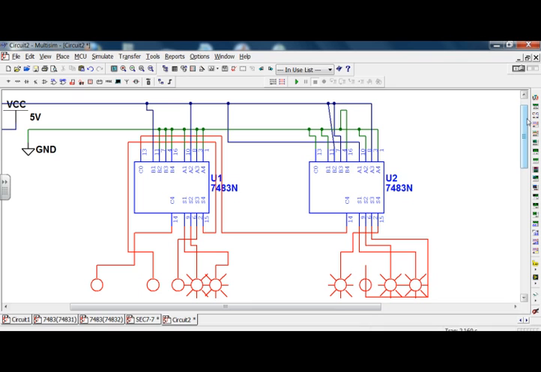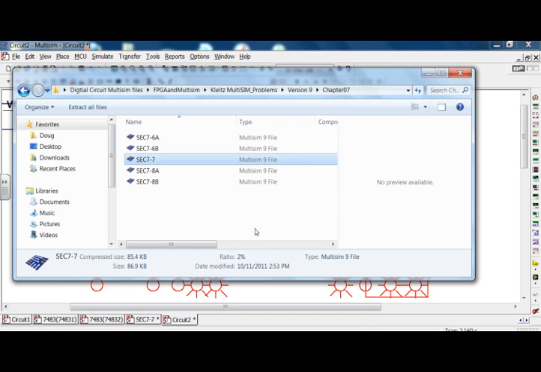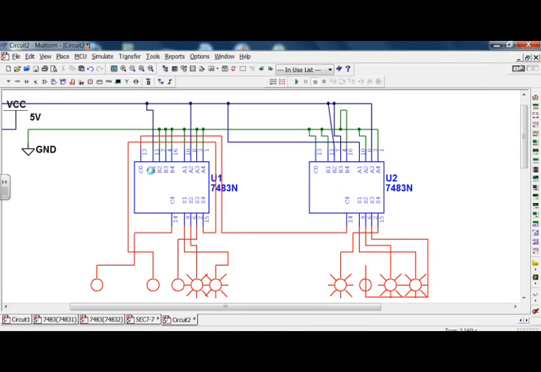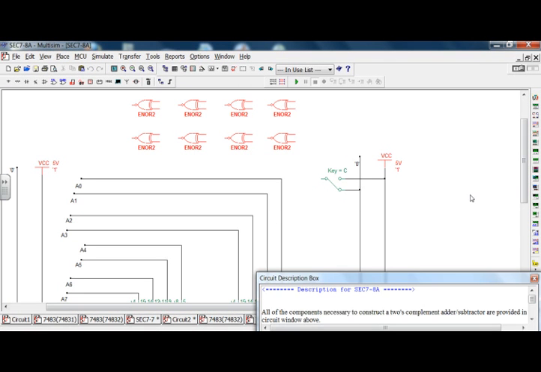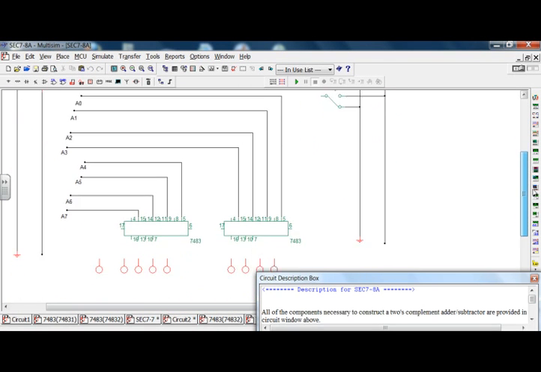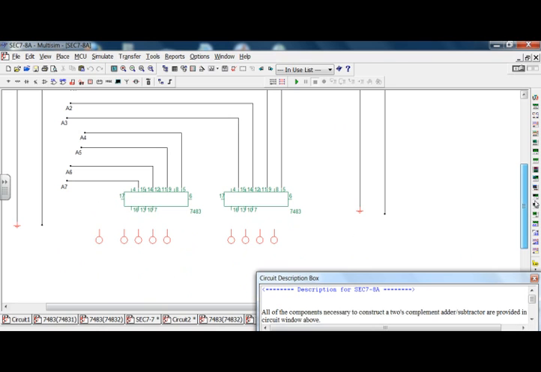Load circuit 78A, and do the math that it says to do. Okay, let's hope that that circuit is more logical than the last one we had. So this guy's off. And we're going to go 78A. Oh yeah. That's going to take forever.